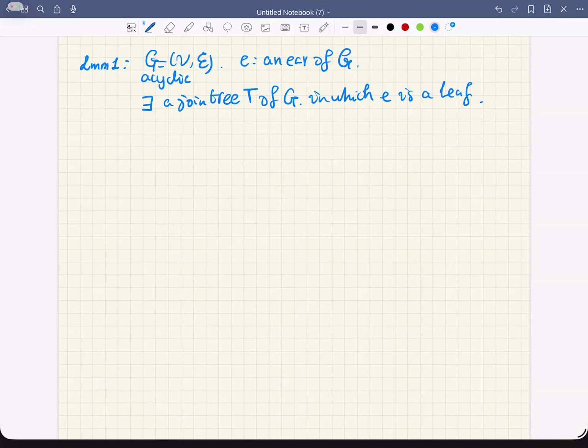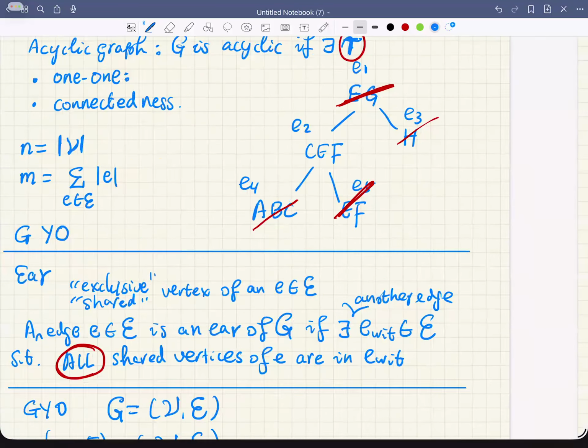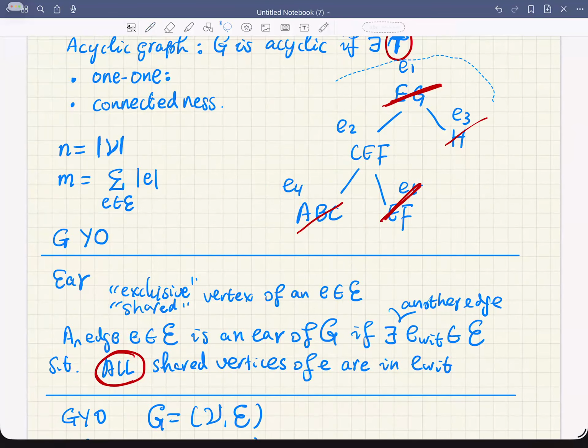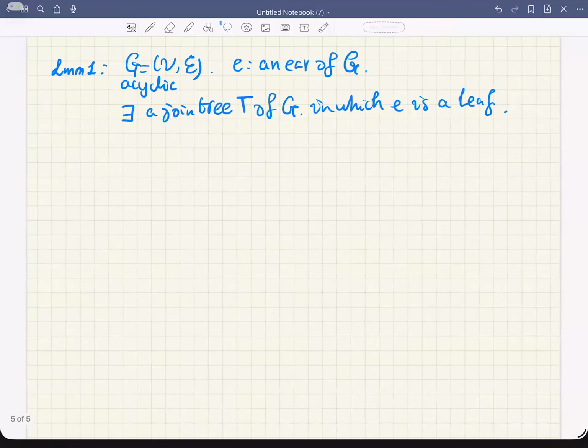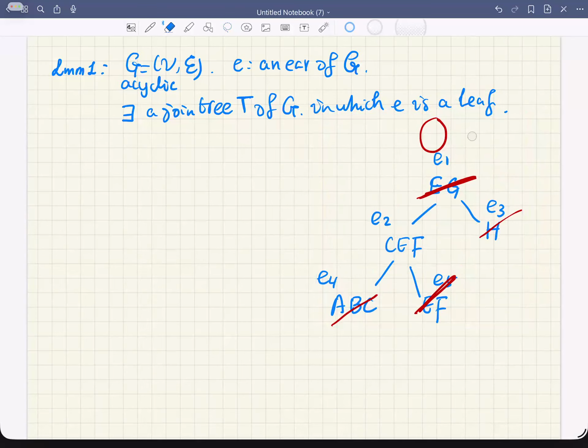Now let's go back to this example here. If you look at ear E1, this is not a leaf, right?